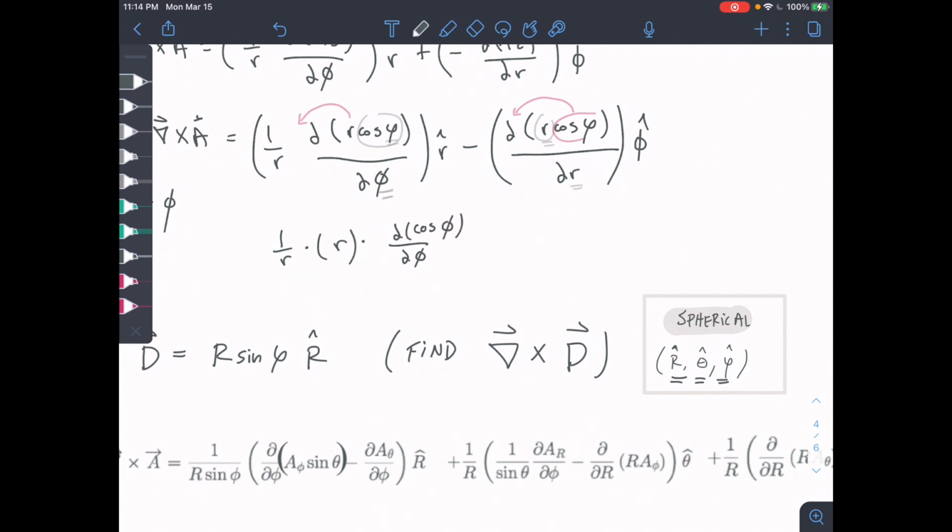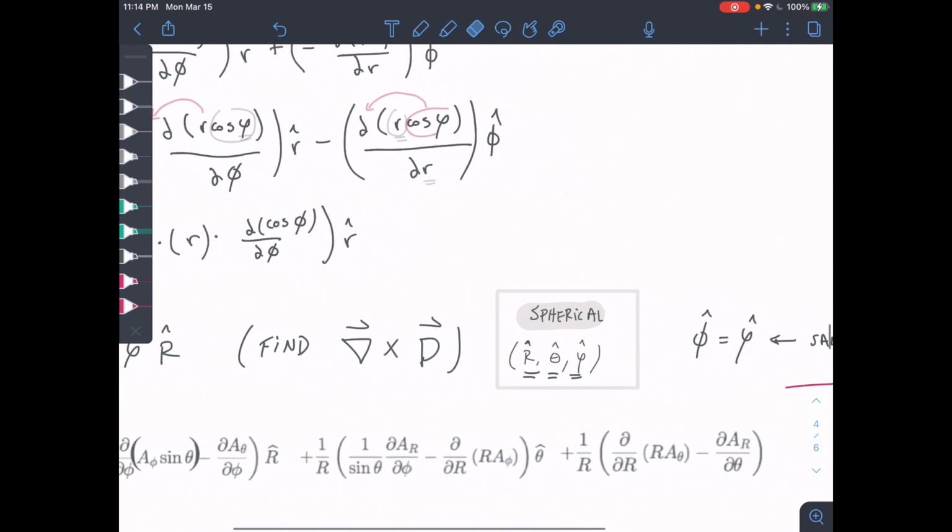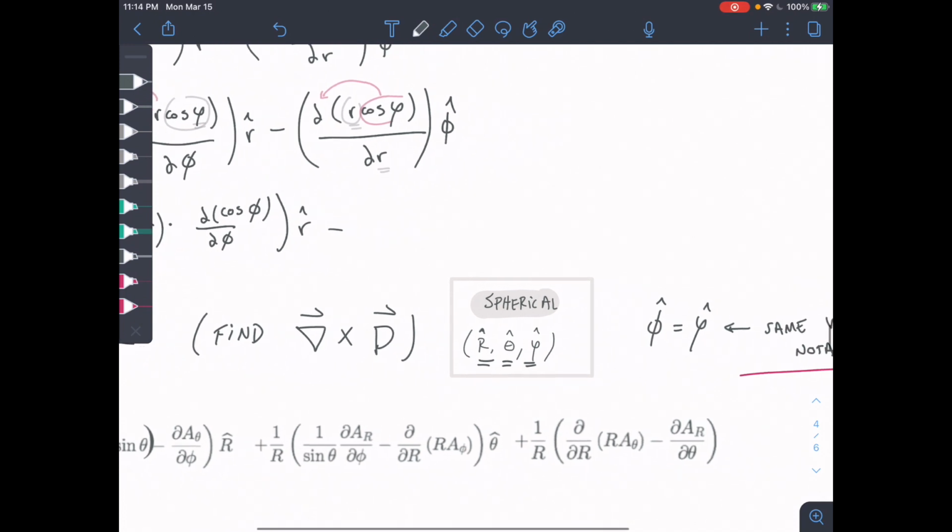Because r is a constant for this first piece here, r hat. If this was the dr for the denominator, we wouldn't be able to pull out that r again. You'll see it on this side actually. I won't try to explain here. So we're pulling out this cosine of phi, and then we have the derivative with respect to r, dr, in the phi hat direction.